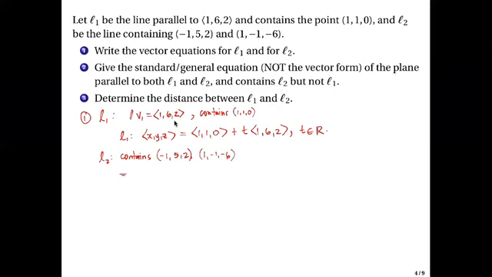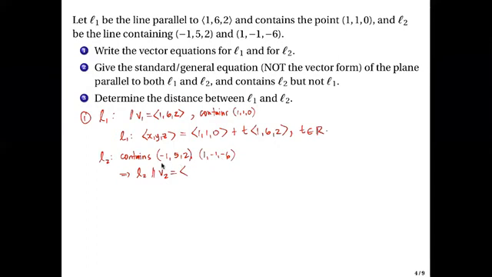So this means that L2 is parallel to the vector v2, and this vector v2 is the vector whose components are the differences between the coordinates.